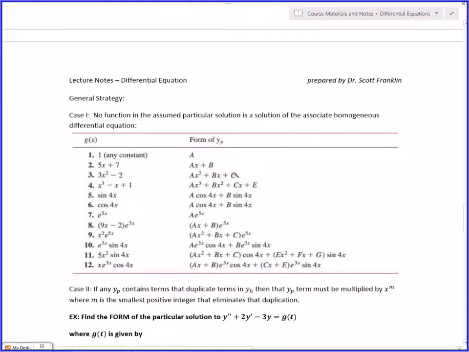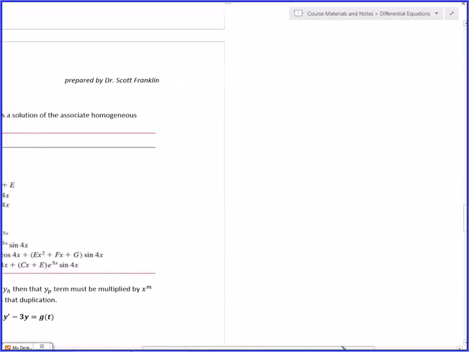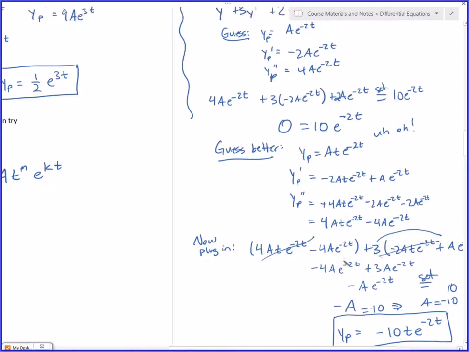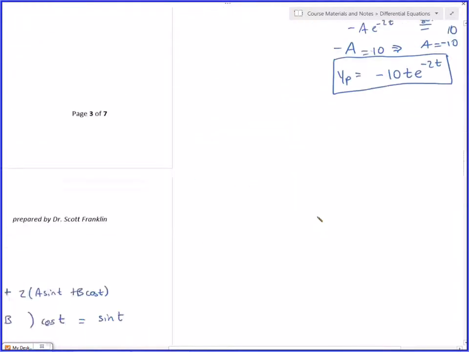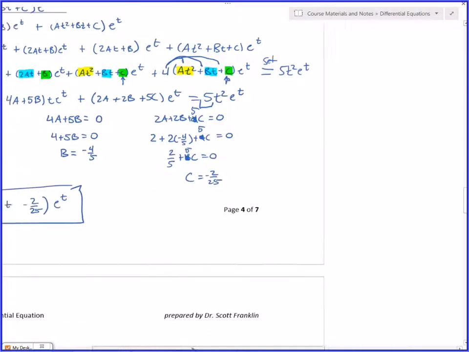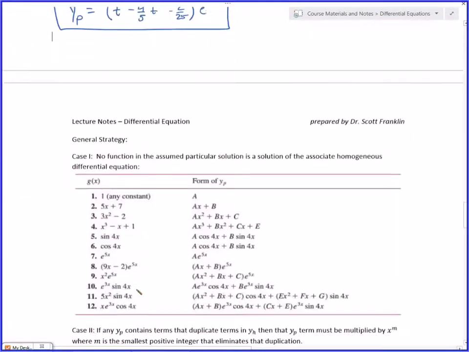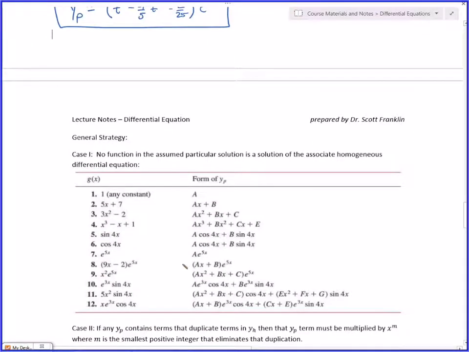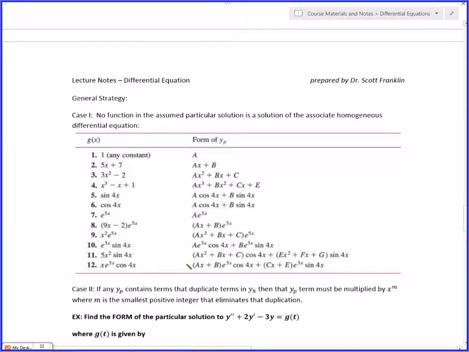So assume for a moment that the thing that happened in my previous example, that caused me to go off to the right, doesn't happen. Let's say that our guess does not contain any of our homogeneous solutions. This gives you a broad set of examples of where your good choices might be.